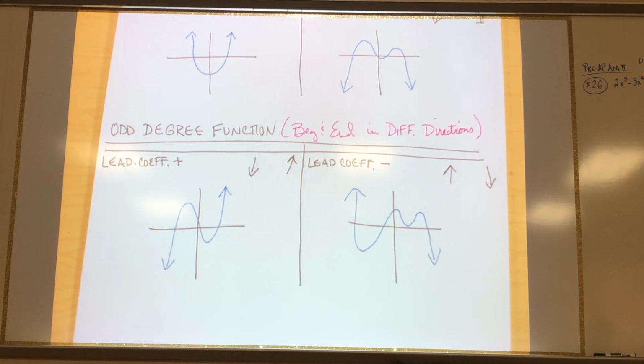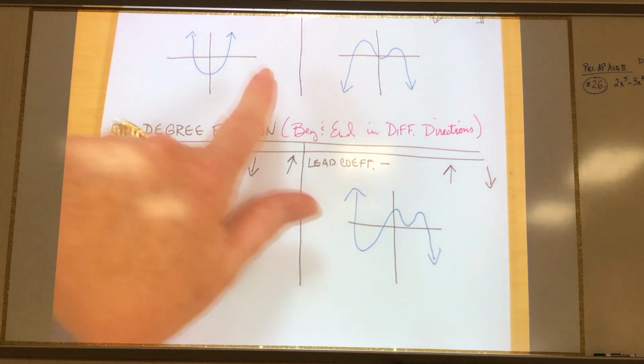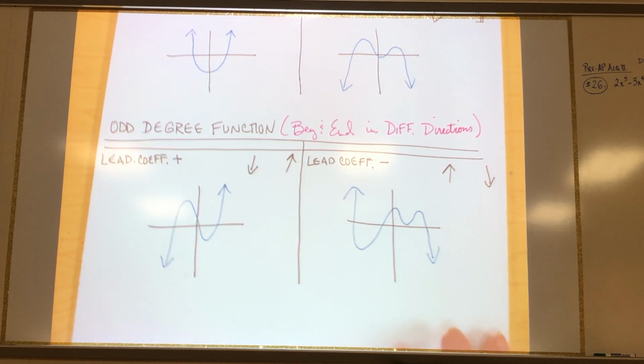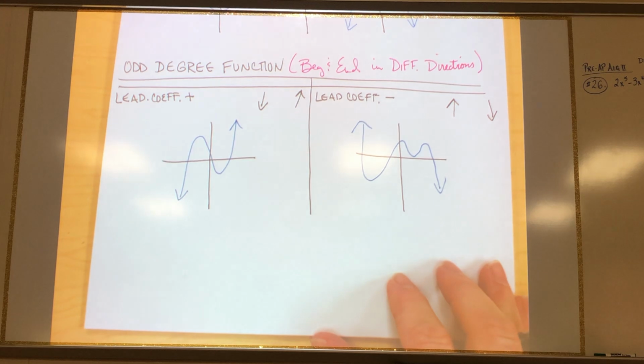All right. Now, the next thing I want to do is talk to you about how I can tell you what this graph is doing on the left-hand side and the right-hand side. We've used the words left-hand behavior and right-hand behavior, okay? But this book, and a lot of times they're going to express it in a different way. So I want to tell you some terms that I'm going to use.